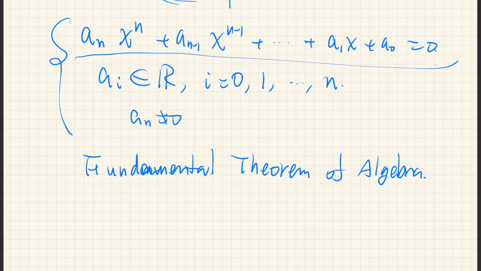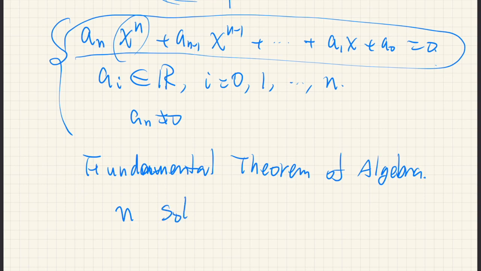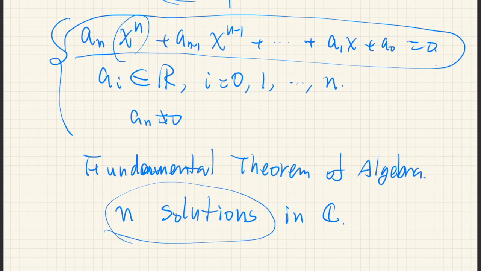So for this kind of equation of polynomials of order n, there exist n solutions in the set of complex numbers. And n solutions means we can count, sometimes the solutions may be redundant, so there may be the same numbers within these n solutions, but counting this redundancy, there are always n solutions within the set of complex numbers.